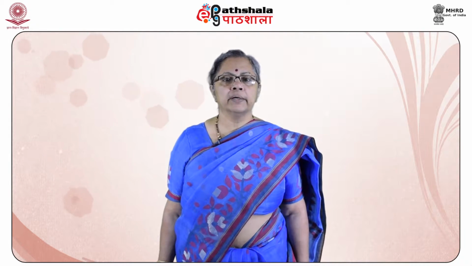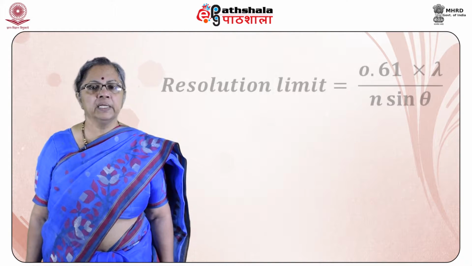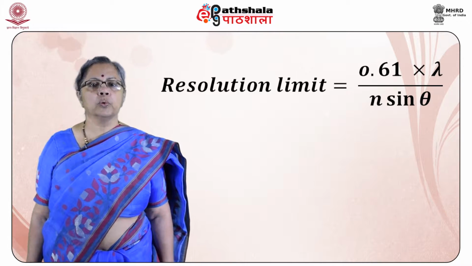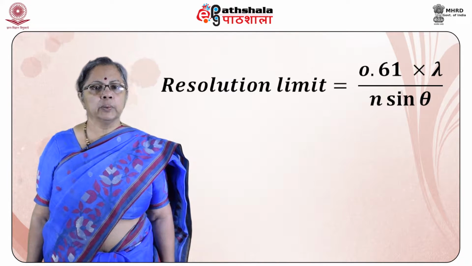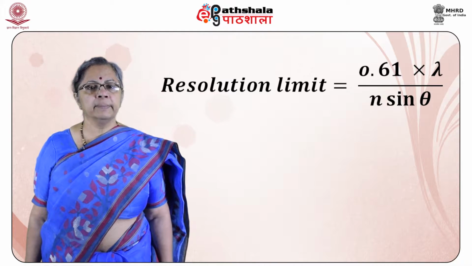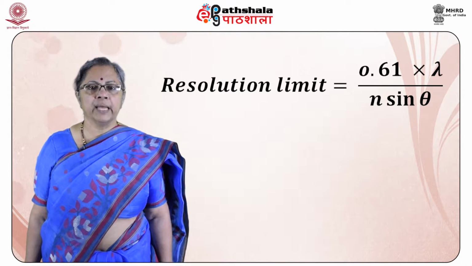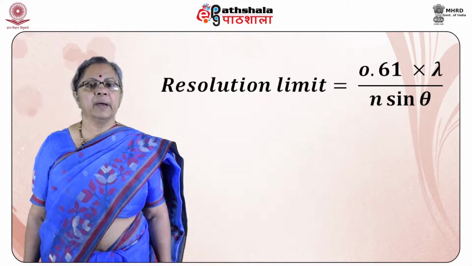about 200 nanometers. In general, the theoretical resolution limit of a microscope is determined by the equation: resolution limit is equal to 0.61 times lambda divided by n sin theta.